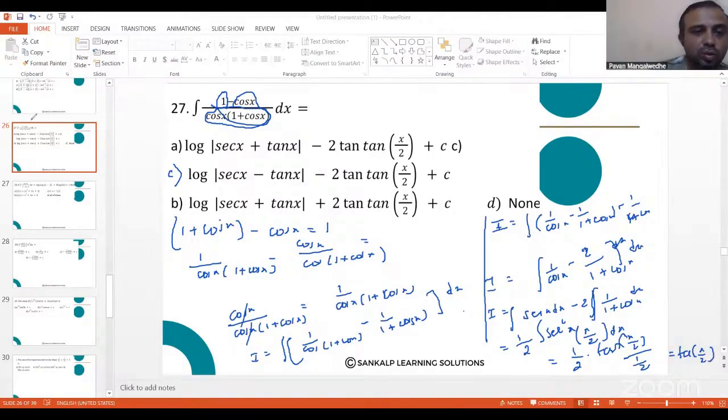So on solving this, just one minute, so erase this.